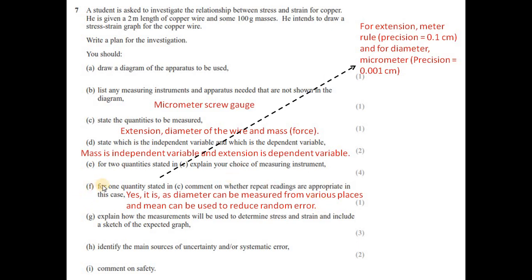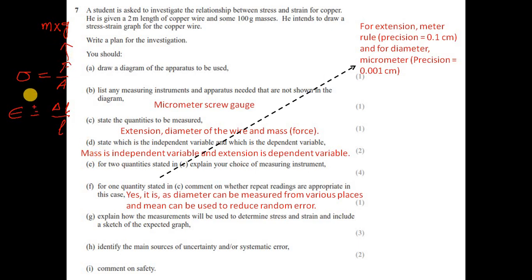Part G, explain how the measurements will be used to determine stress and strain, and include a sketch of the expected graph. In this investigation, we need stress sigma, which is force upon area, and we need strain, which is delta L over L. This force we are going to find as M multiplied by G, which is the weight.